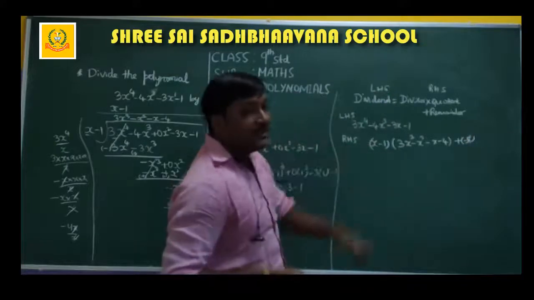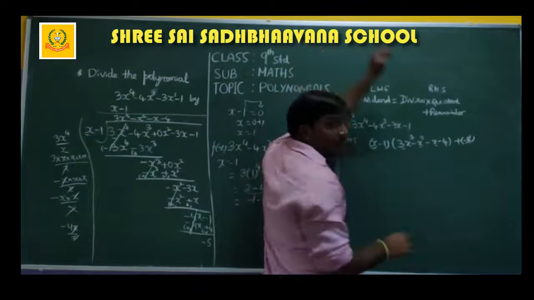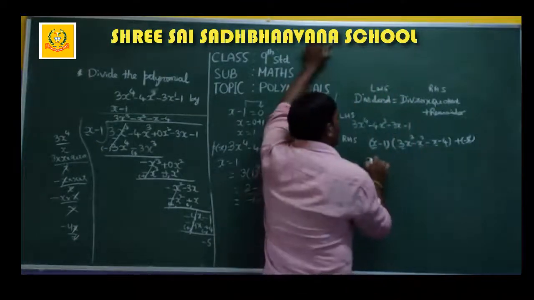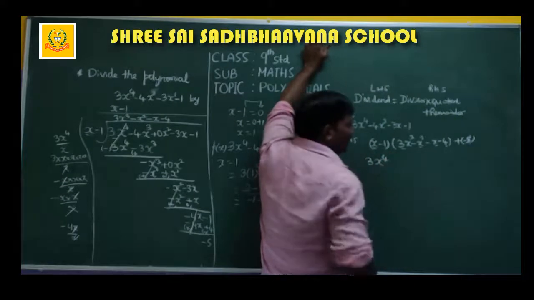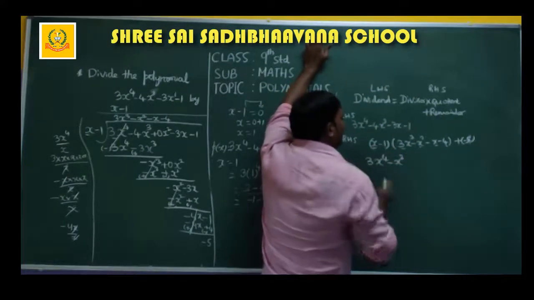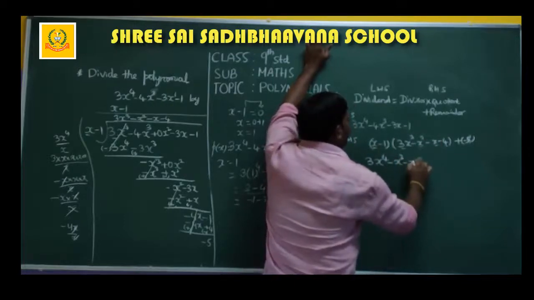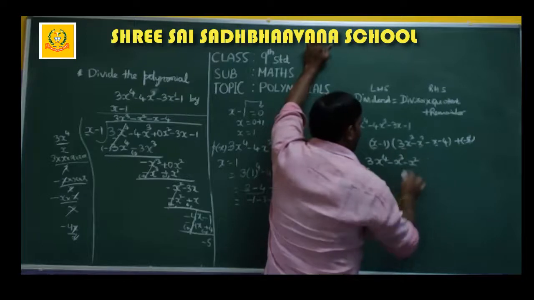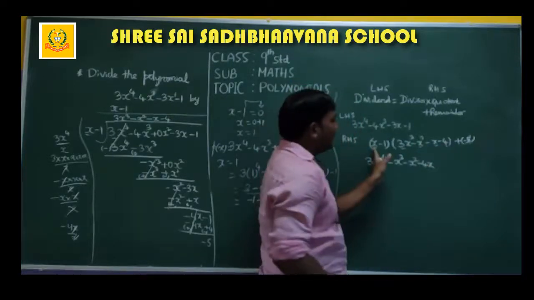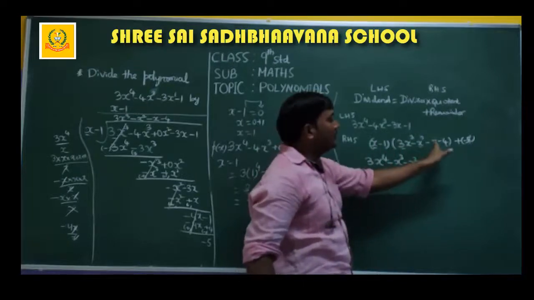So now multiply. See, whenever you are multiplying, do term by term multiplication. That will be easier. x into 3x cube gives you 3x power 4. x into minus x square gives minus x cube. x into minus x gives minus x square. And minus 4 into x is minus 4x. So x, I multiply completely with every term.